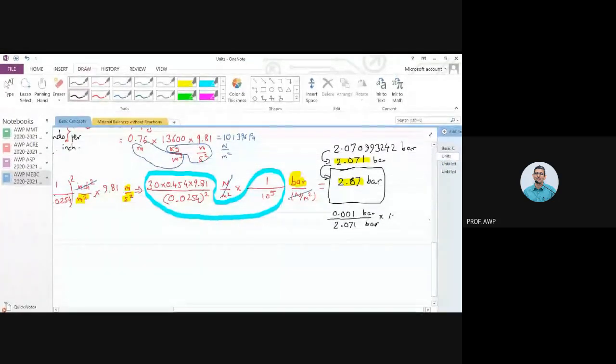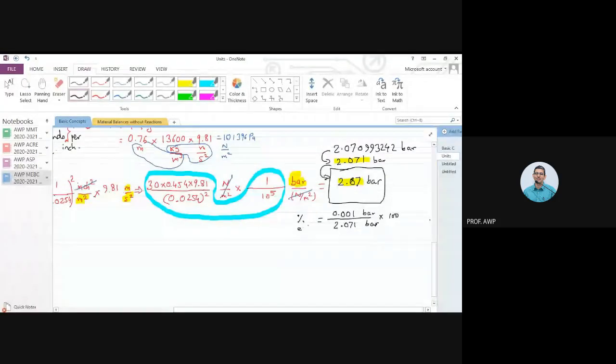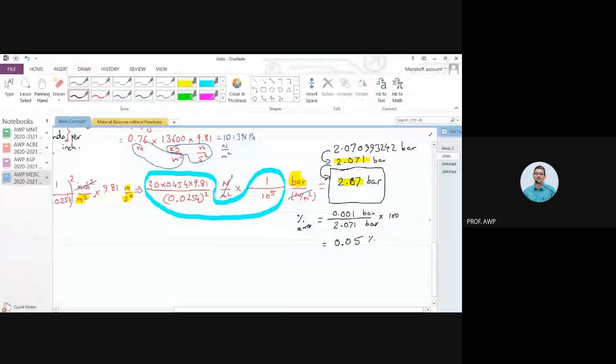In terms of percentage error that we have made, it is 0.001 divided by 2.071 into 100. So this is 0.05%, 0.048 if you want.